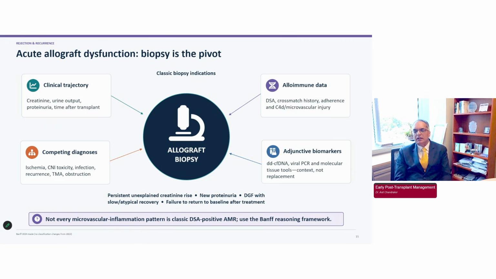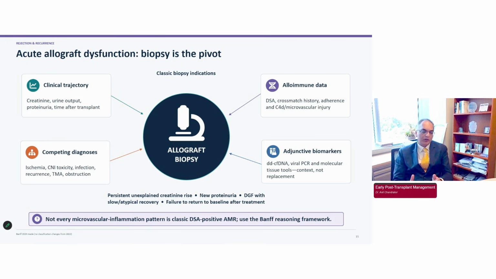when there is a signal that indicates that there may be an increased alloimmune response, by which I mean the DSA turning positive, or there's concerns about adherence, or if there are adjunctive biomarkers that may indicate that a biopsy is necessary, such as cell-free DNA, although cell-free DNA is not useful within the first month.